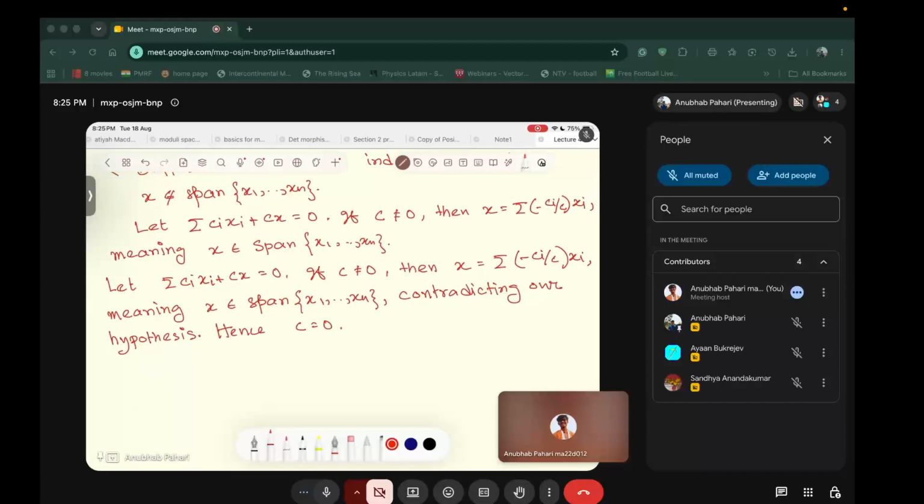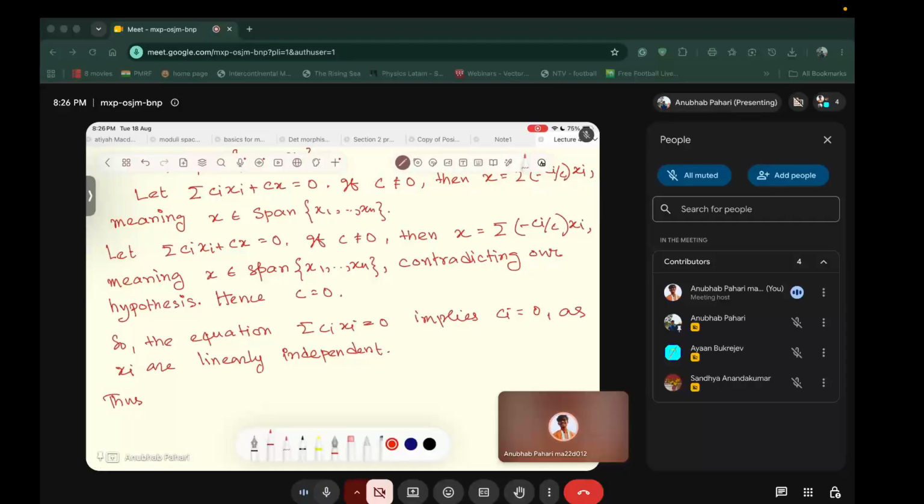So the equation, that is summation ci xi equals to 0, implies ci equals to 0 as xi are linearly independent. Thus, since all the coefficients are 0, x1 up to xn and x is independent.